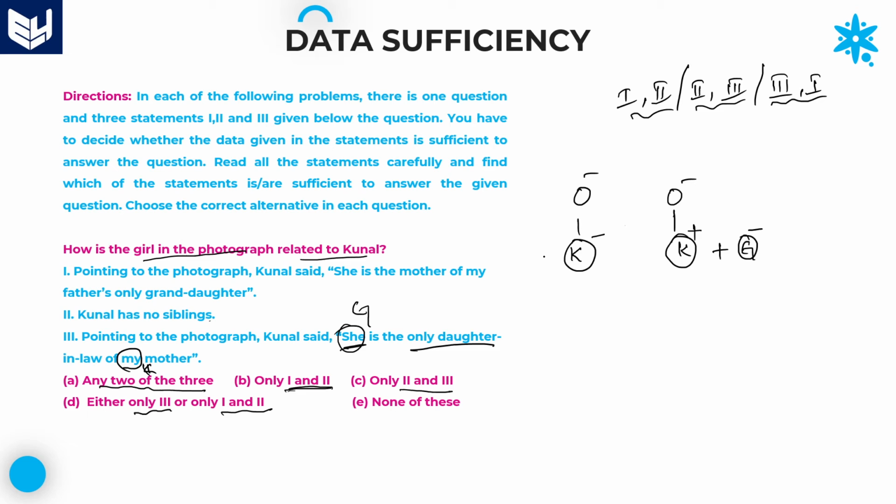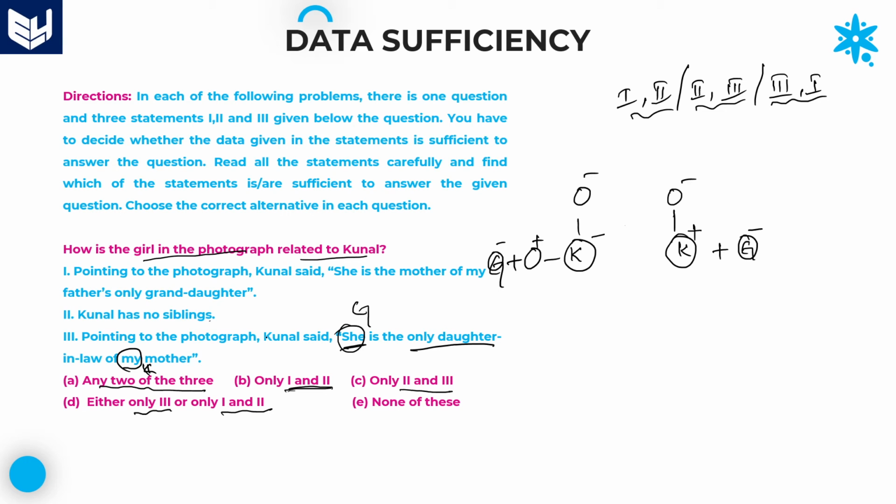Suppose Kunal is female, daughter-in-law means son's wife. Son's wife is called daughter-in-law. This person is a girl. So how is the girl related to Kunal? Here you will get the answer.